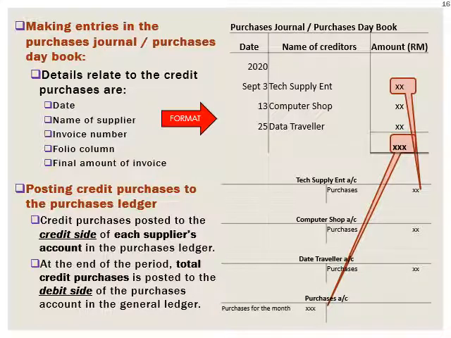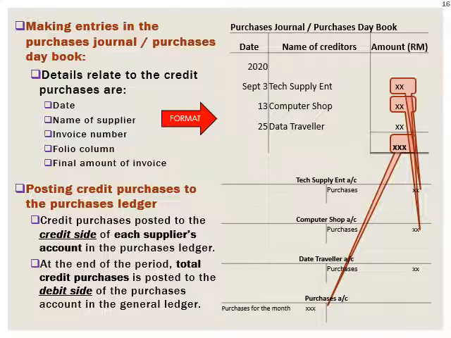Next, from the purchases journal, we will transfer the items into the ledger accounts. The ledger accounts that will be involved with the credit purchase are the creditors and the purchases account, as we are following the double entry of debit purchases, credit creditors. So that is why in the personal creditors' T accounts, we will need to record the transaction of each creditor's amount on their credit side.